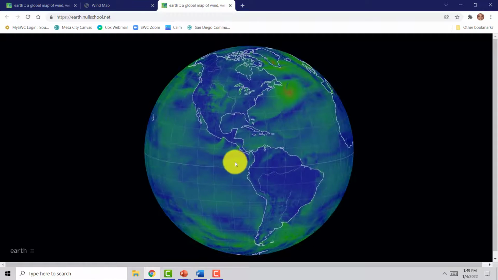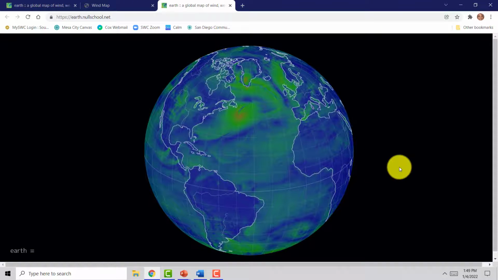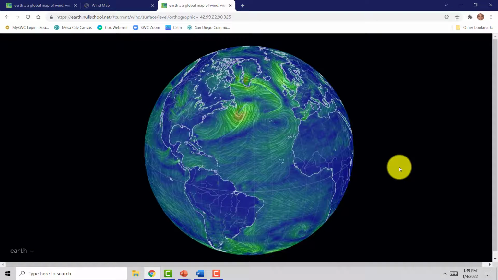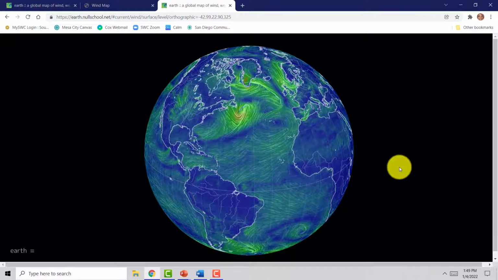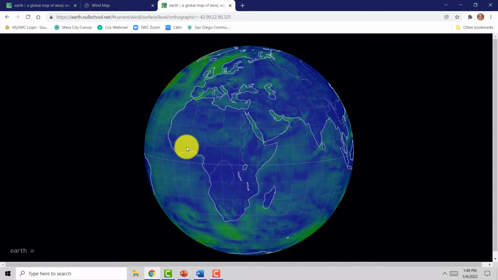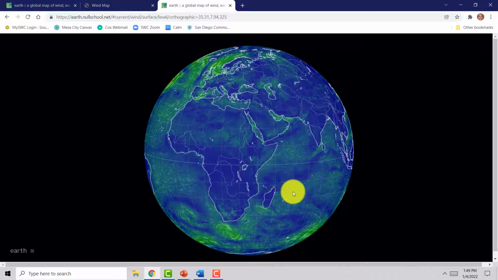I'm going to move the globe and you can see some patterns that are happening in the Atlantic Ocean. And I will go slowly and show you what's happening near the Indian Ocean and over Africa.